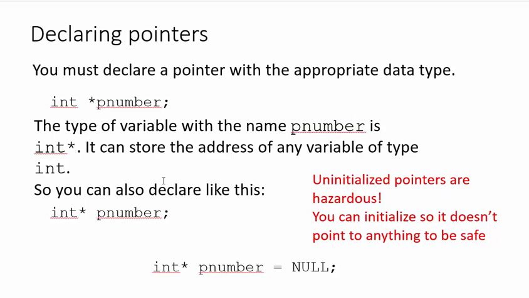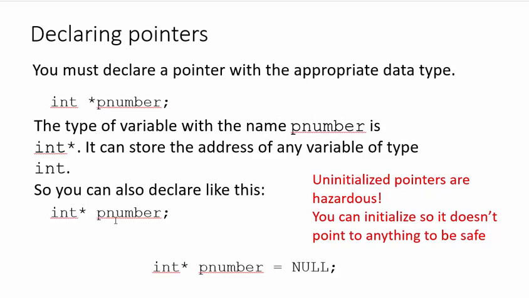I can see the asterisk here is next to p number, but you can also declare it like this, int asterisk p number. The point is that I am saying that p number is an address. Otherwise, it would be an ordinary variable called p number. But if I put the asterisk in front of it, I'm saying I'm storing an address. P number can store the address of any variable of type int.